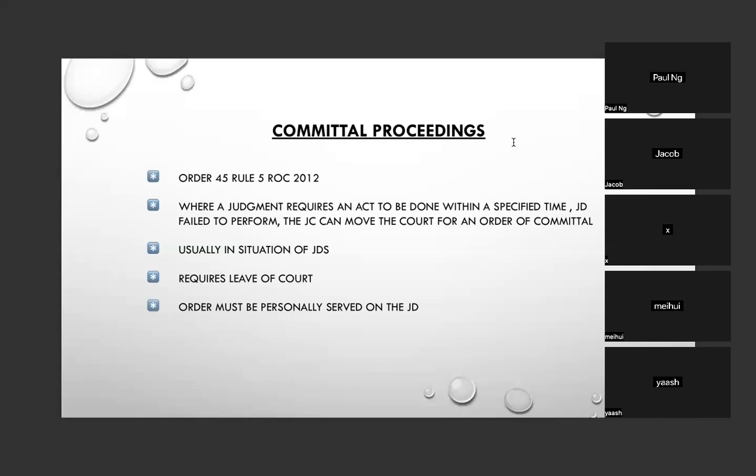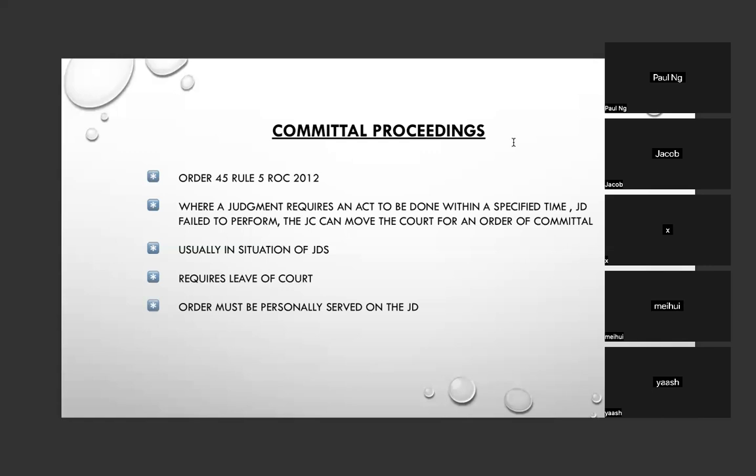Committal proceedings is actually covered under Order 45, Rule 5 of the ROC. This is where the judgment requires an act to be done. So if the judgment debtor failed to perform, then we can file an application to move the court for an order of committal.